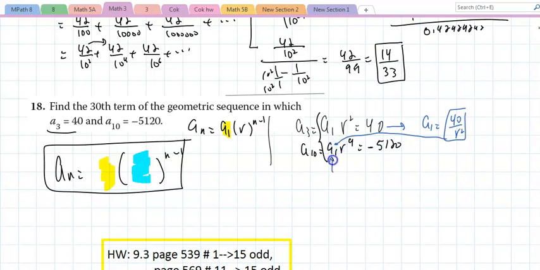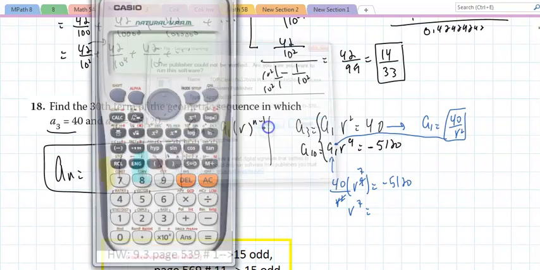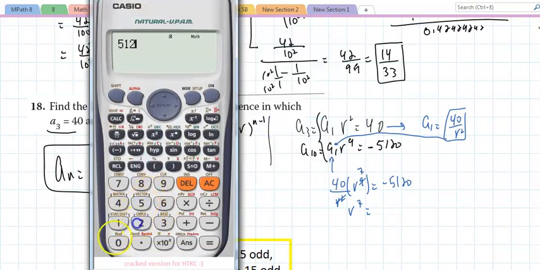So this equation would read 40 divided by r squared times r to the 9th equals negative 5120. This cancels two of those. So r to the 7th equals, and if I get my calculator out and take 5120 divided by 40, that's 128.